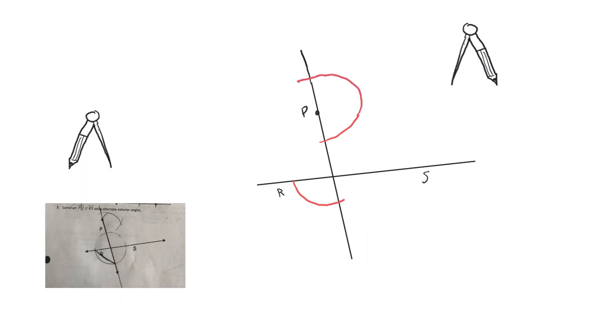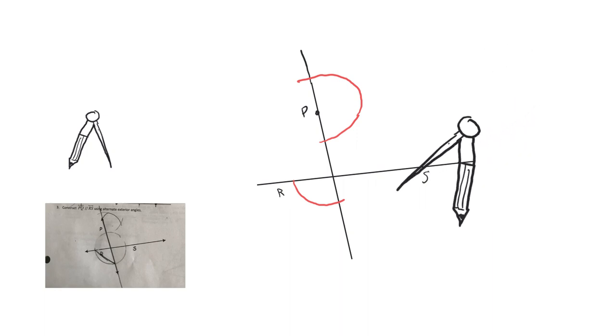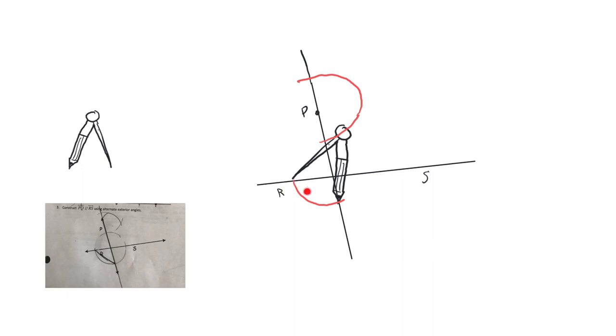All right, that's important. Then what you do is you take the compass and you measure that distance, the distance between these points here. That's important. And then you put the sharp point on that spot there, and you draw a new arc that cuts through.